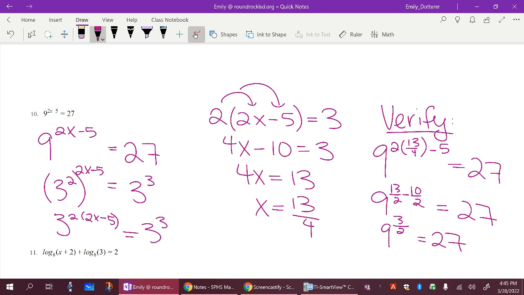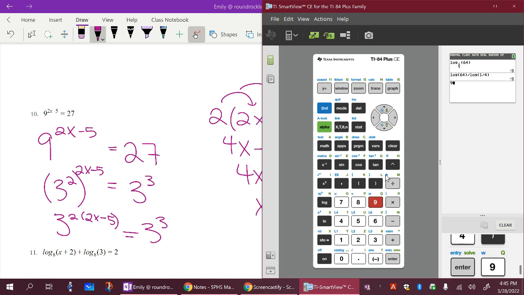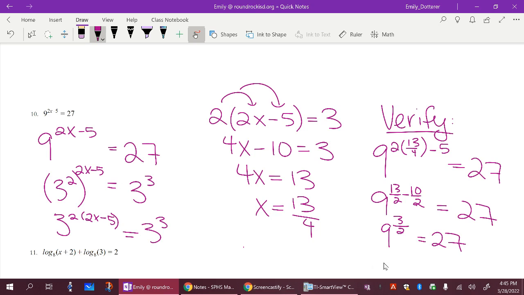Okay. 13/4 times 2 is 13/2, and I changed 5 to be 10/2 so that we have a common denominator. 13/2 minus 10/2 is 3/2, and 9 to the 3/2 is indeed 27. Which means that 13/4 is our answer.